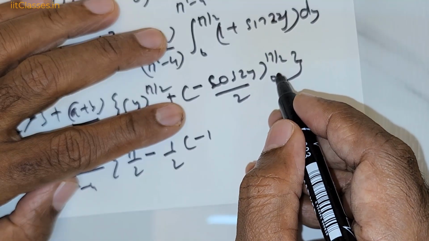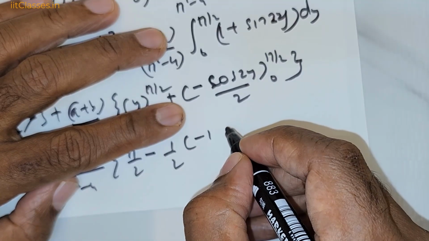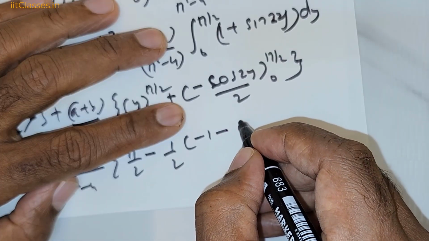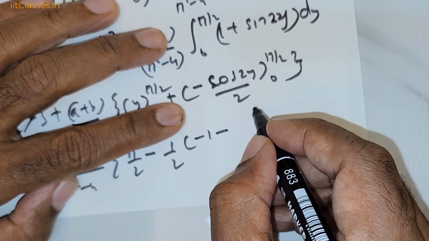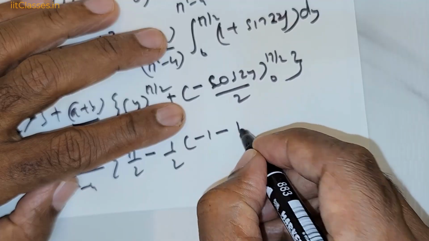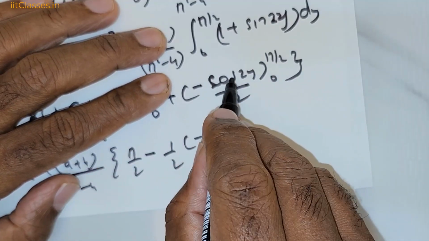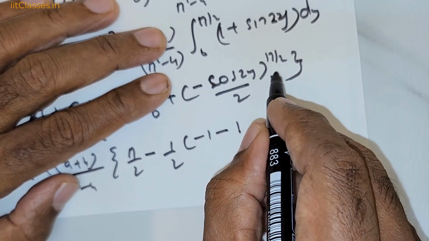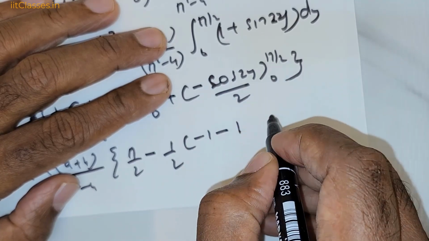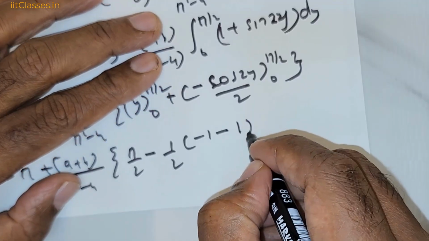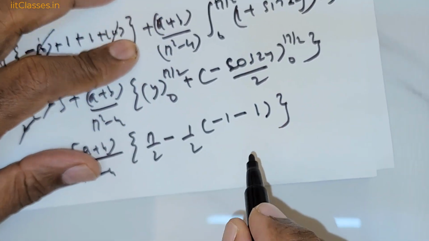I substitute the lower limit, I get this as minus 1. In fact, because of the minus that is actually being carried out from the application of the limits. That's a reason for that. So this is what I've got.